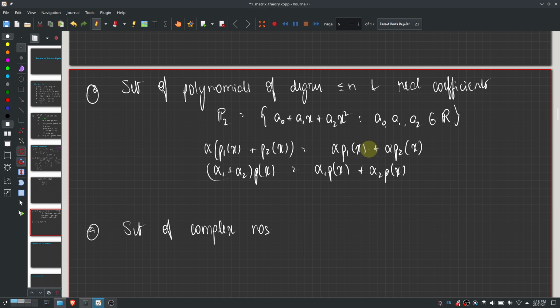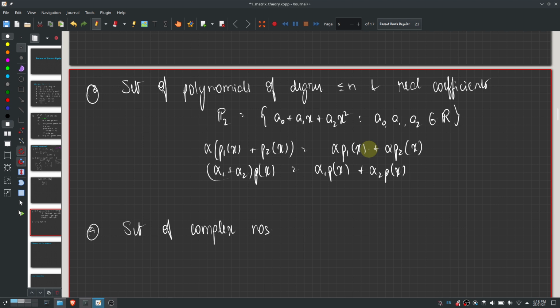Yes. I don't hear a convincing yes. Are we missing any properties? Yeah? How many say it is a vector space?